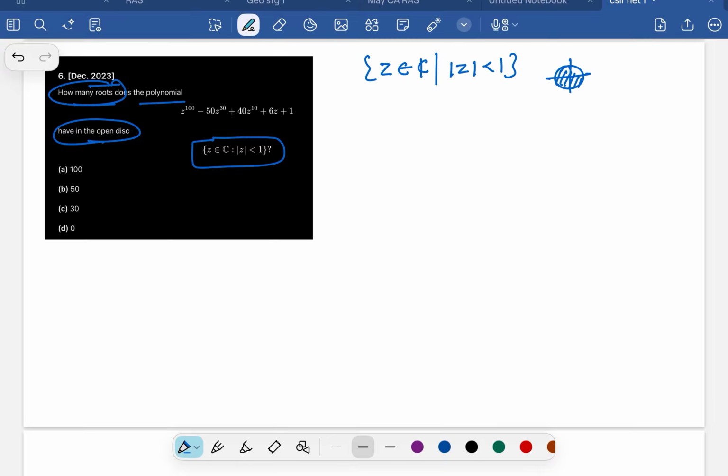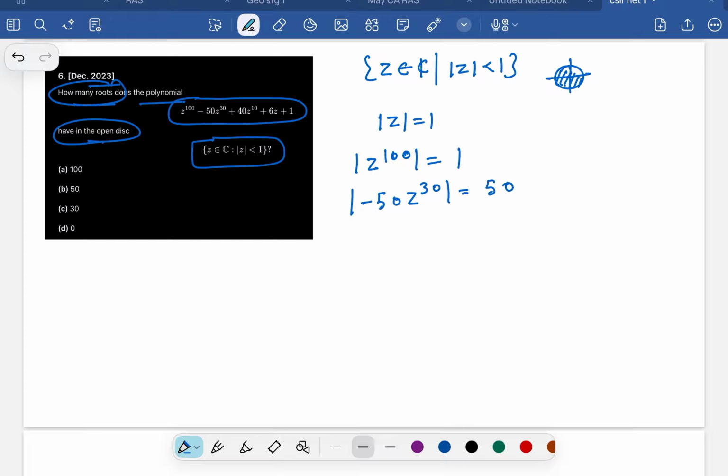First of all यहाँ पर ना आप z को put z is equal to 1 इस equation में, in this function. So if I put mod z as 1 then mod z to the power 100 क्या हो जाएगा, it is 1. Mod of -50 z to the power 30 क्या हो जाएगा, it is basically 50 because mod z is 1 right. Mod 40 z to the power 10 is equal to 40.